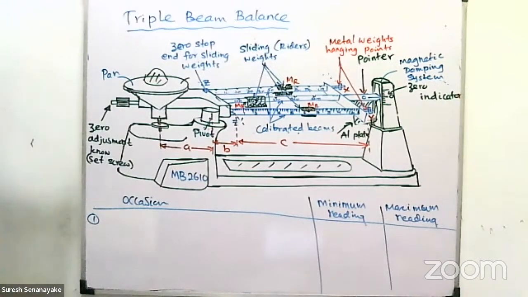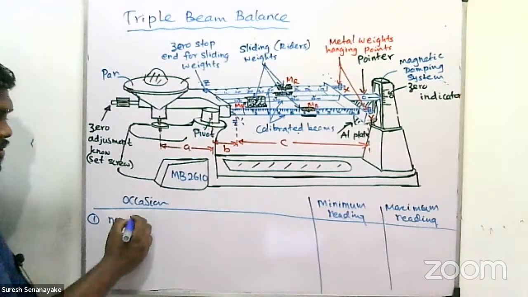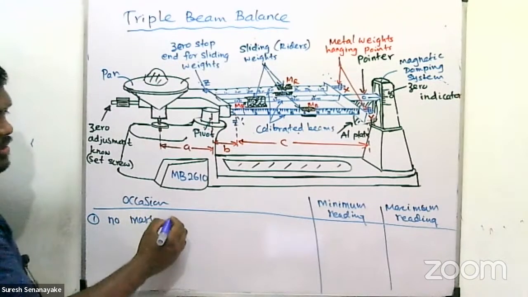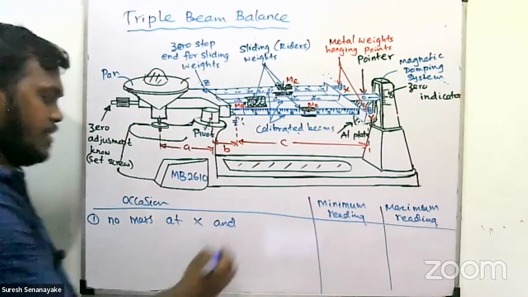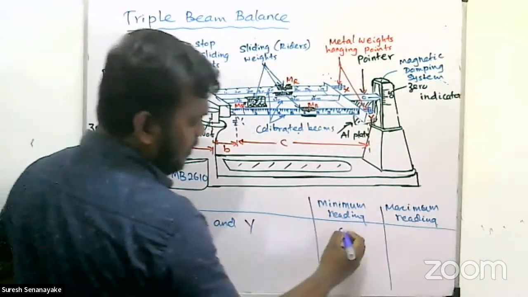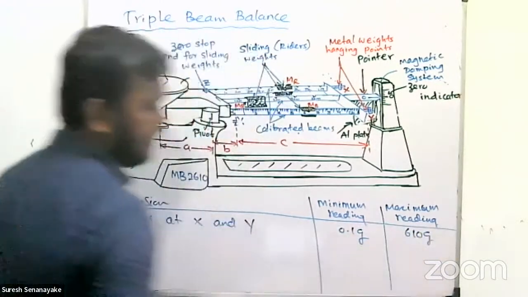First one is no masses at X and Y, 0.1 gram minimum and this is 110 maximum.